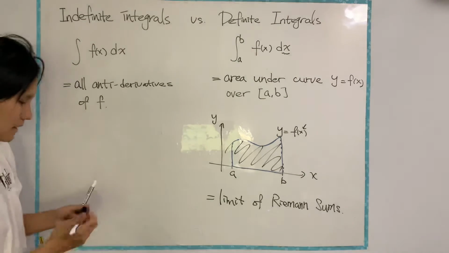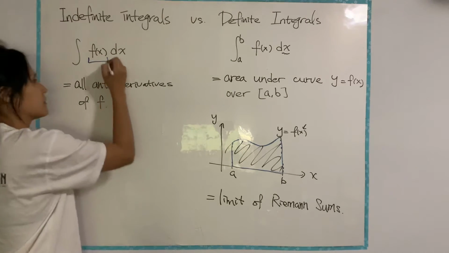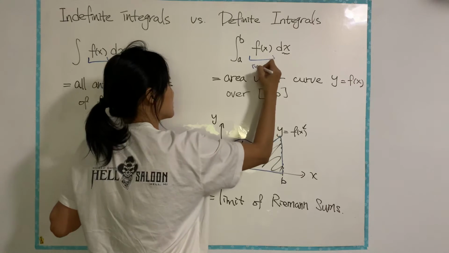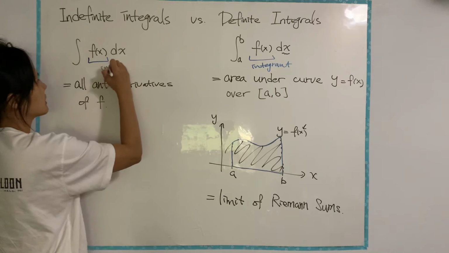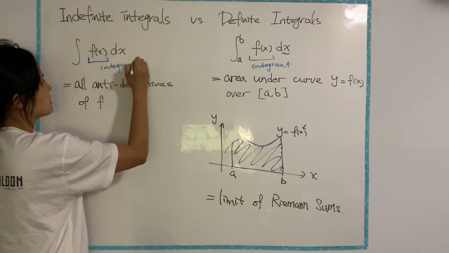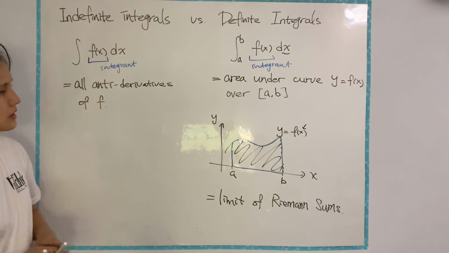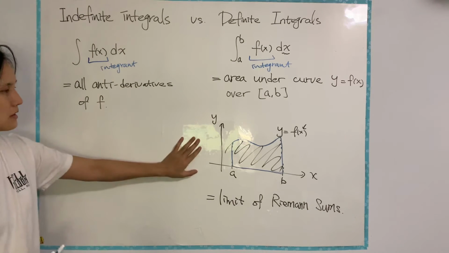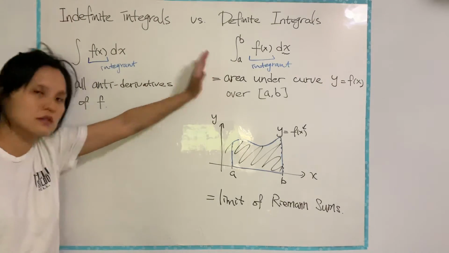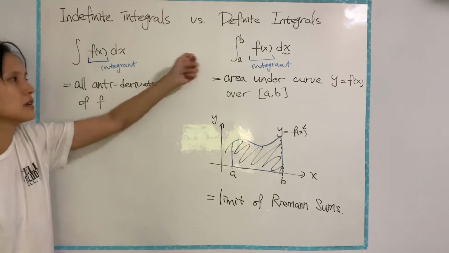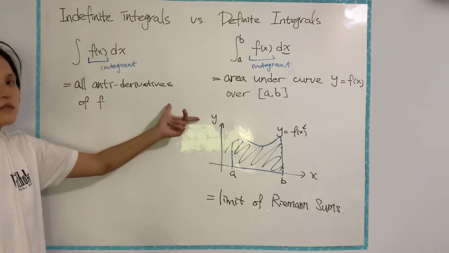And f in both notations is called the integrand. Okay, so when I say the integrand, I'm referring to the function we're integrating. So indefinite and definite integrals, notation-wise, they look very similar, yet if you look at their definitions, they look very different.